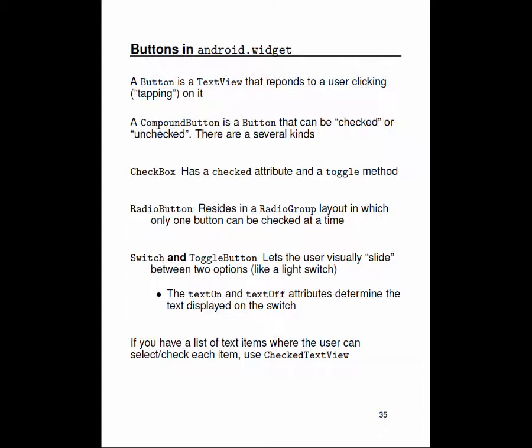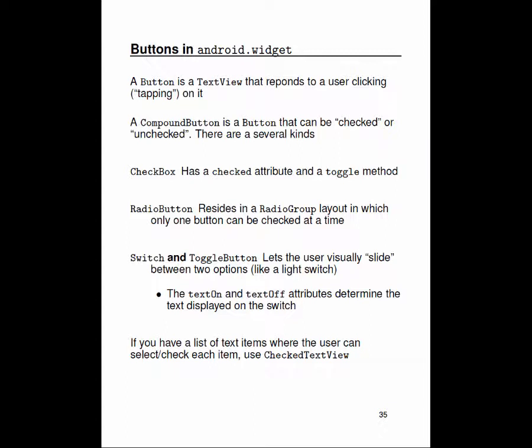You can have a radio button. A radio button is when you have a group of little circle buttons where you can only choose one of them, and so you put that inside a radio group layout, so you can only get one button at a time. There are classes called switch and toggle button that let you slide between two options, kind of like a light switch, the on and off type thing. I think switch is vertical and toggle is left and right. I can't remember that.